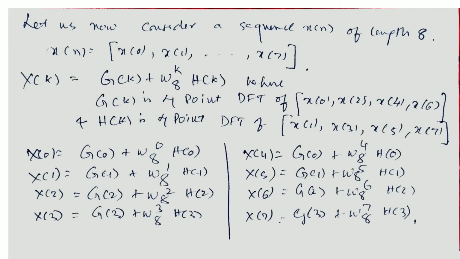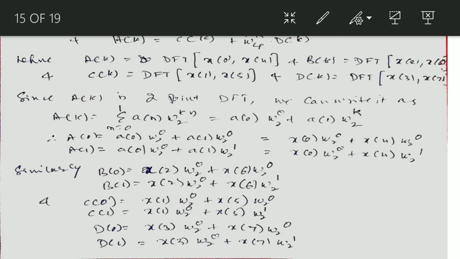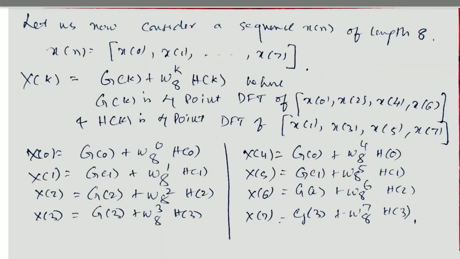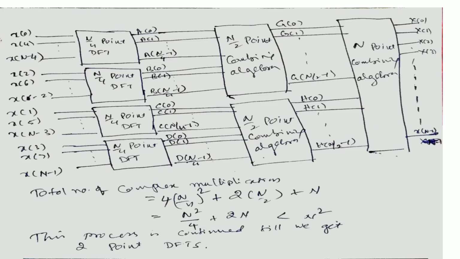Similarly, in order to get the values of h of k, we need to combine c of k and d of k. So we perform n by 2 point combining algebra in order to get the values of h of k. Now further, g of k values and h of k values are combined in a suitable way in order to get the x of k values. So here we perform n point combining algebra.